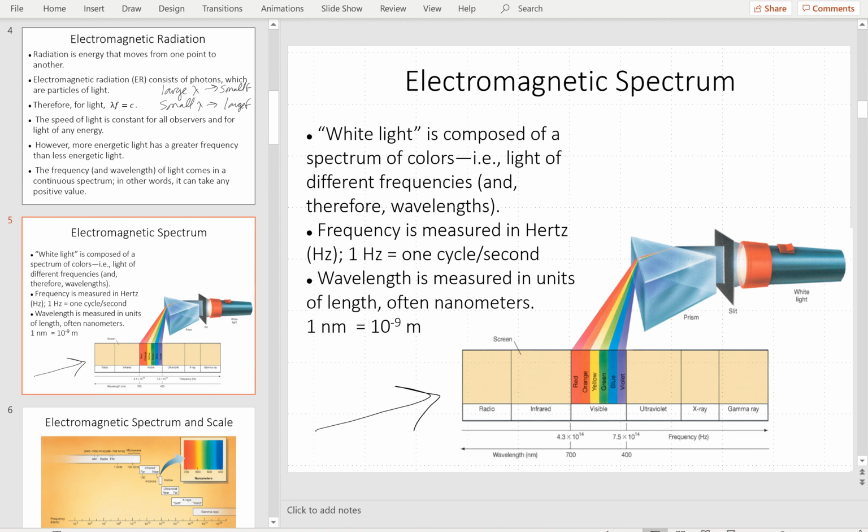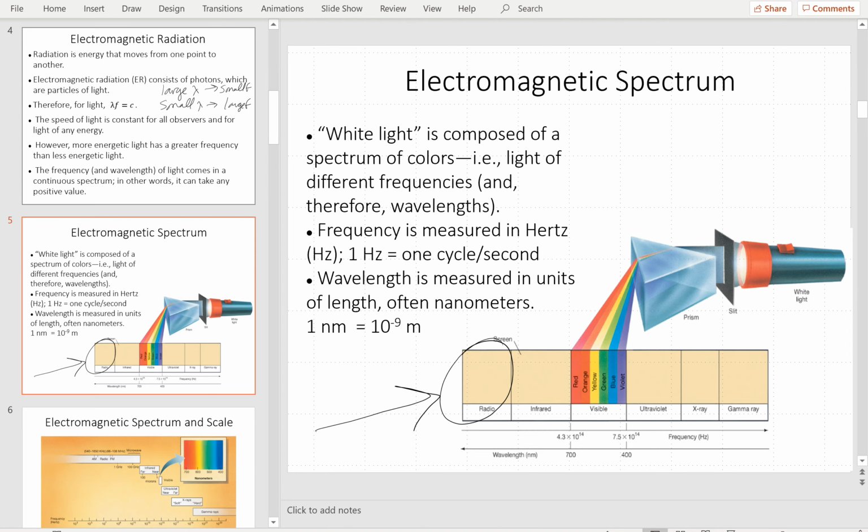All the way on this end of the spectrum, we have low energy, which means low frequency light. Remember, low frequency means low energy. High frequency means high energy. Radio waves are electromagnetic radiation. They're light that has a low frequency, or frequencies, and therefore low energies.